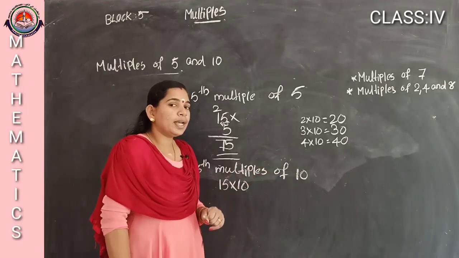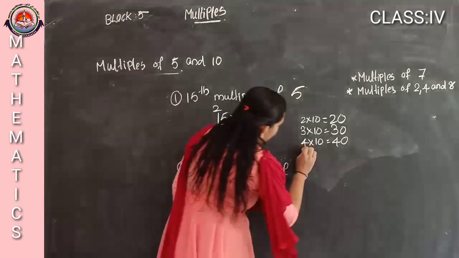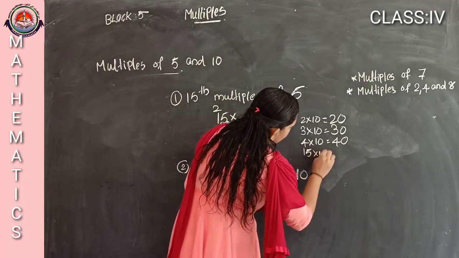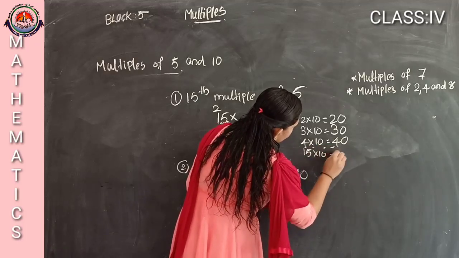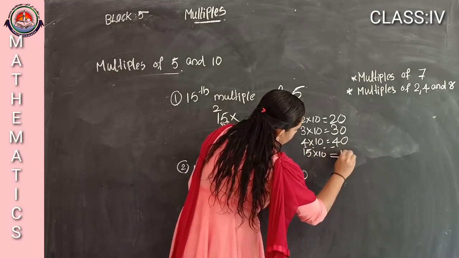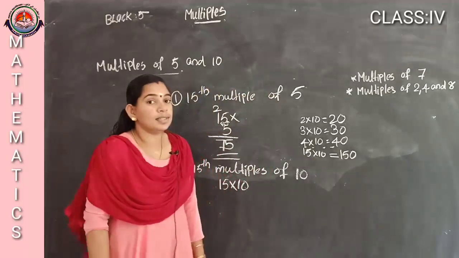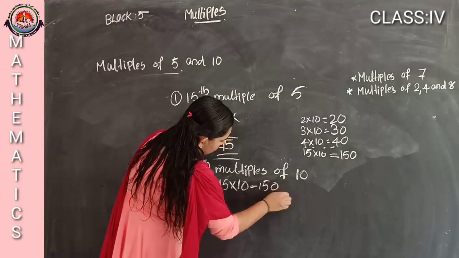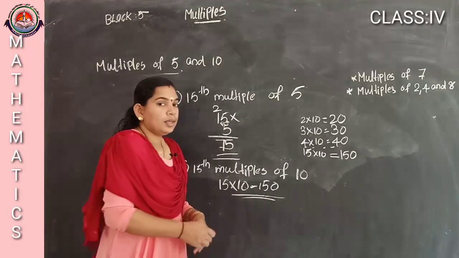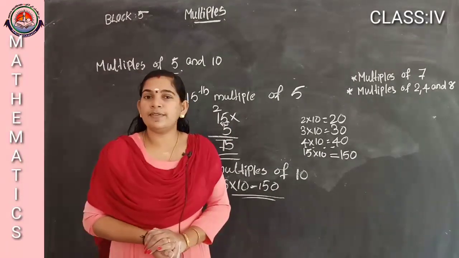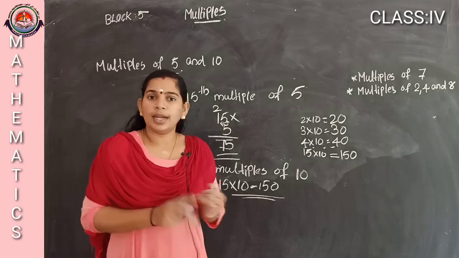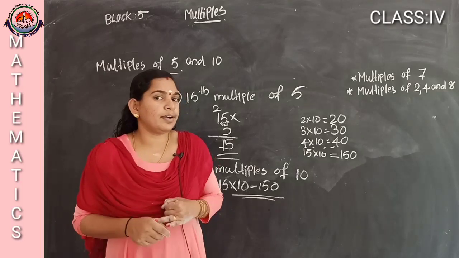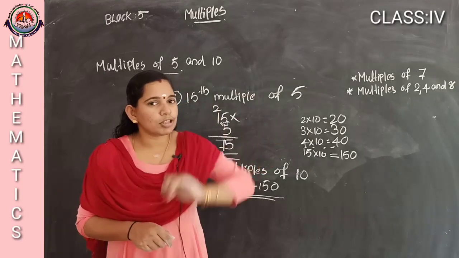So 15 into 10: 15, then put 1 0. What is this? 150. Okay, using tens multiples is very easy. We are putting 1 0. And for 100, how many zeros in 100? 2 zeros. We are putting 2 zeros.